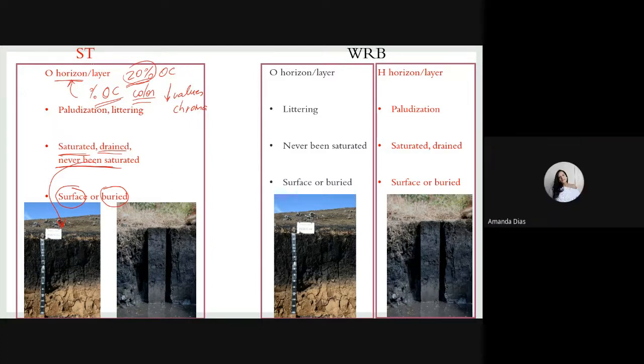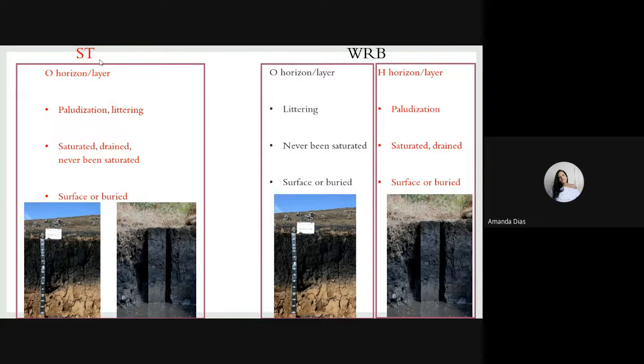Teacher, teacher, about the difference between Soil Taxonomy and WRB, and the Sistema Brasileiro de Classificação do Solo, the quantity of organic carbon is high, because in Soil Taxonomy and WRB it is 20%.